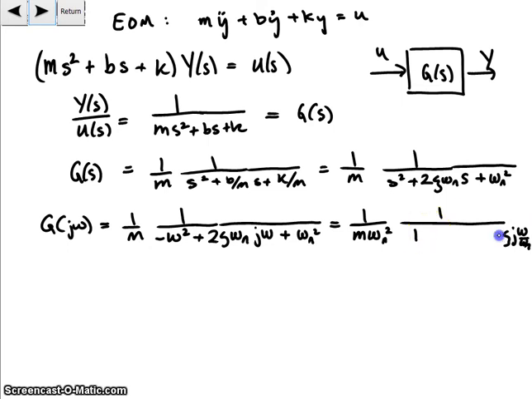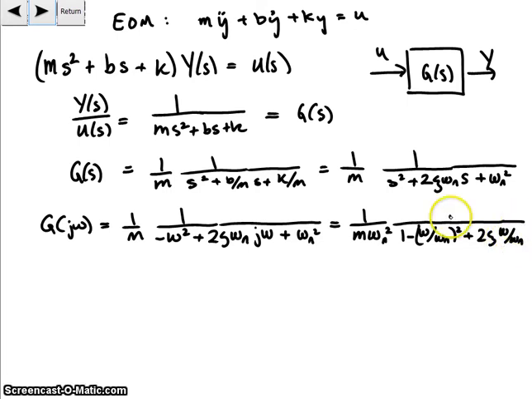That didn't quite fit very well, so I'm going to rewrite it: 1 minus (omega over omega n) quantity squared plus 2 zeta times j times omega over omega n.